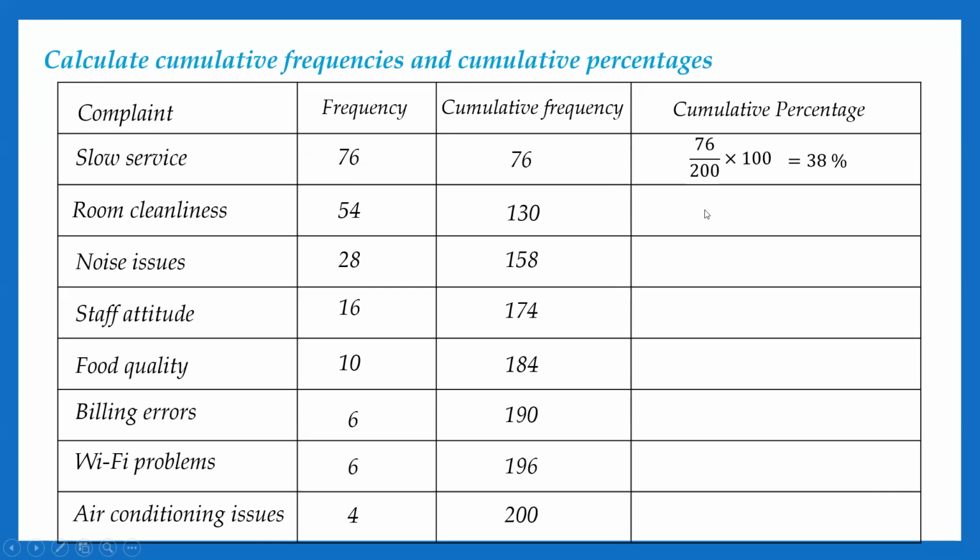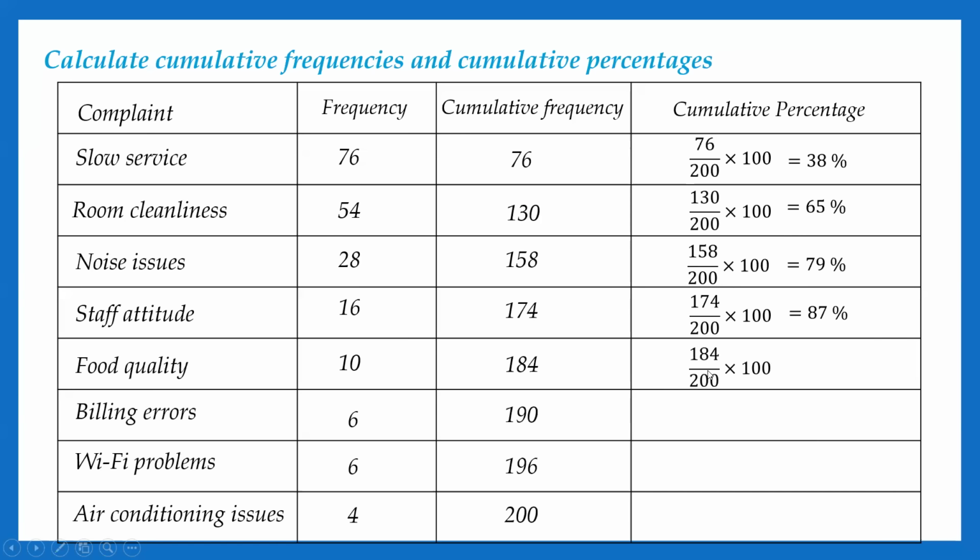Then 130 divided by 2 is 65. 158 divided by 2 is 79. 174 divided by 2 is 87. 184 divided by 2 is 92.